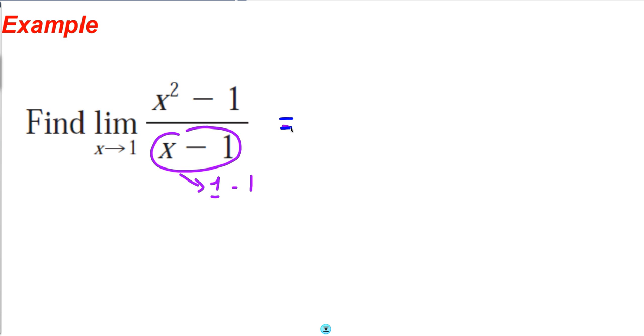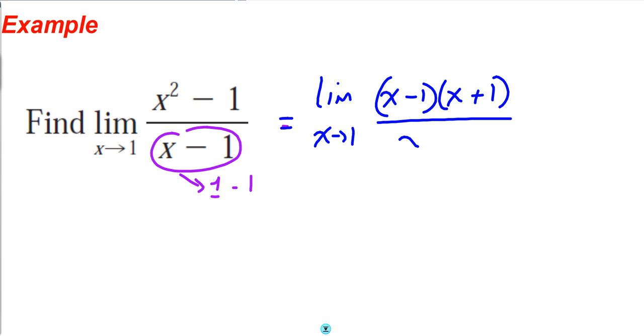We perform some algebra here. This will be the same as the limit as x approaches 1. The numerator is the same as x minus 1 times x plus 1, divided by x minus 1.